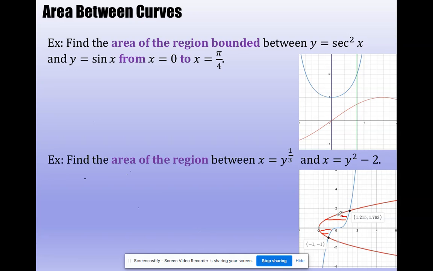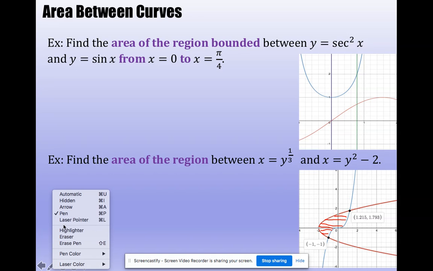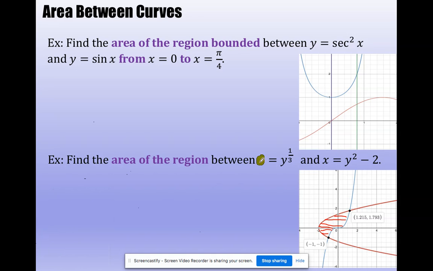Look what happens if I do horizontal strips. No matter where I draw the horizontal strip, the right and the left bound stay the same. Another clue. Look how they gave the functions to me.